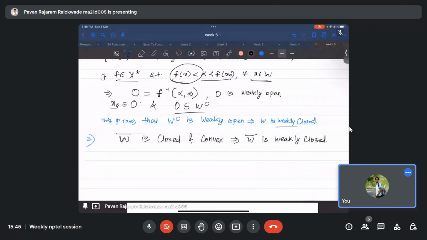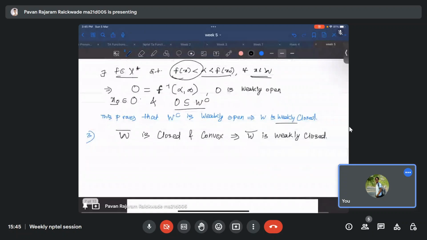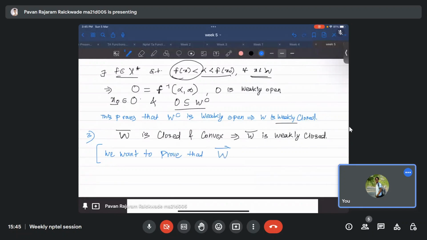We want to prove here that the weak closure of W, which I write like this and which is not the norm closure, equals the norm closure.